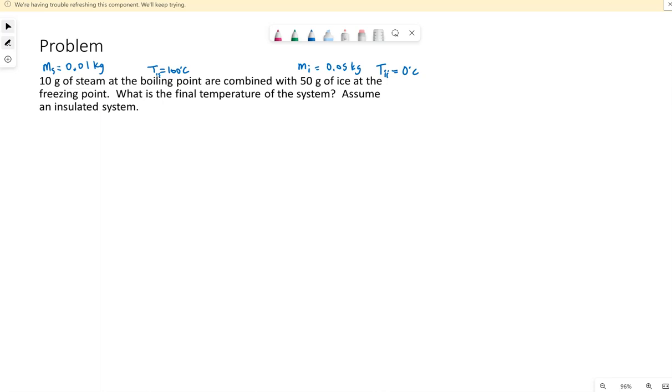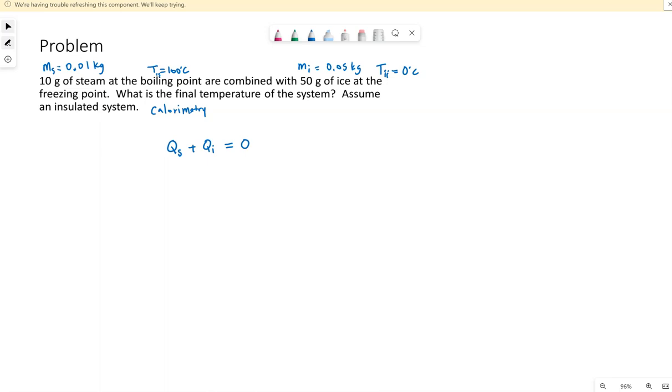Since we are assuming an insulated system, this is what we would consider a calorimetry problem, meaning if we add the steam energy that is removed and goes into the ice, all of that energy will add up to be 0, meaning there's no energy exchange with the surroundings.